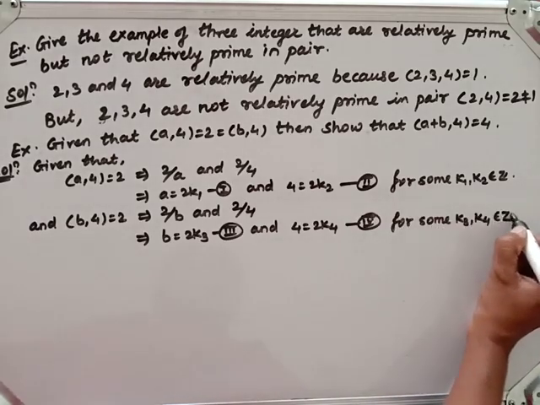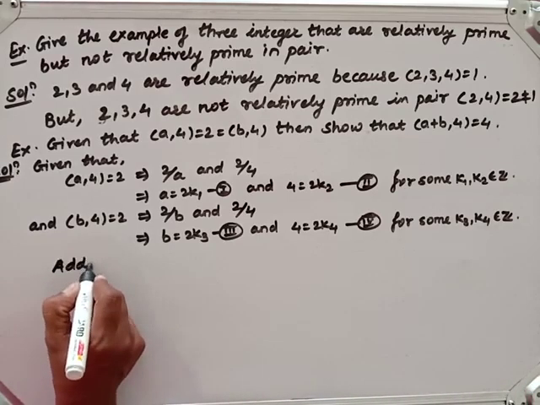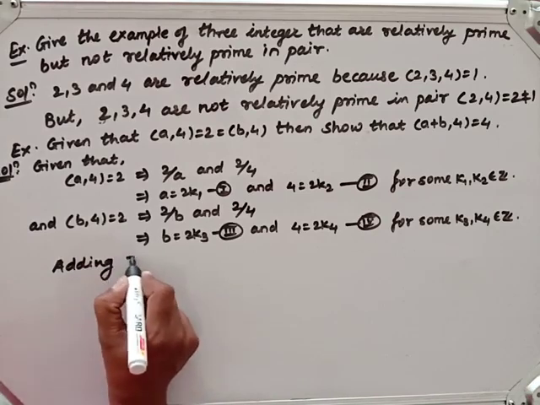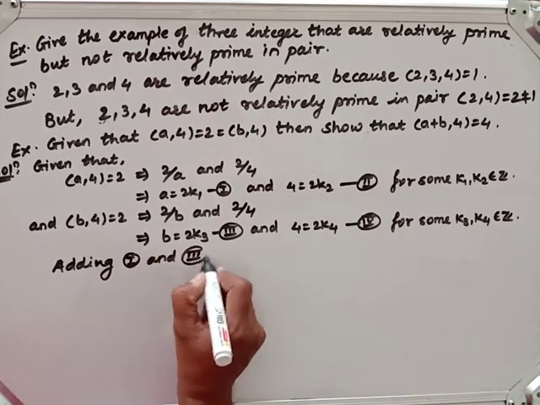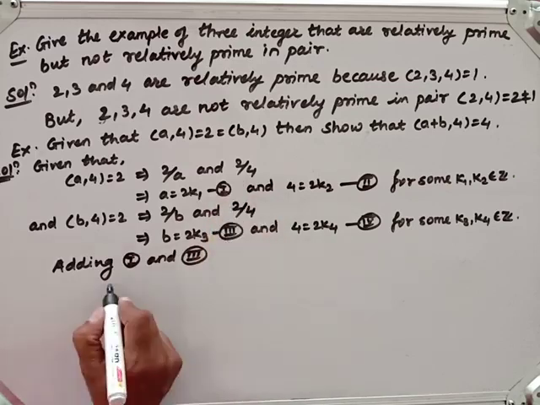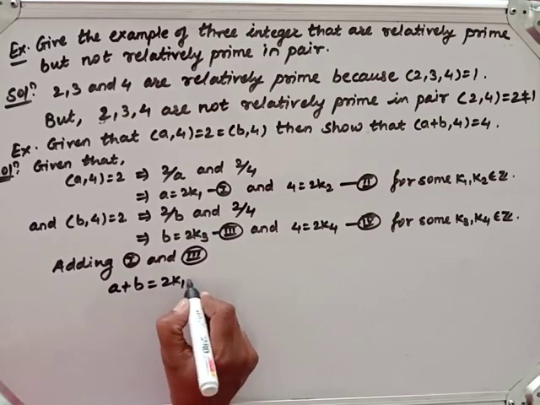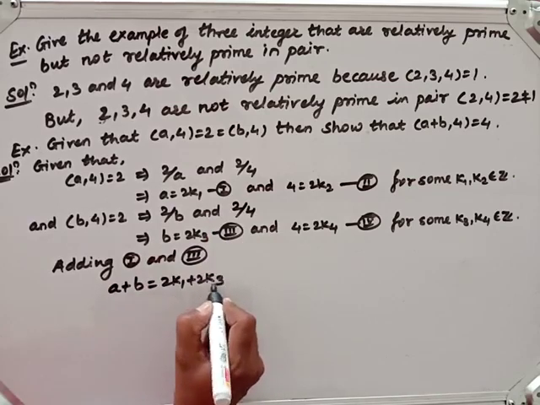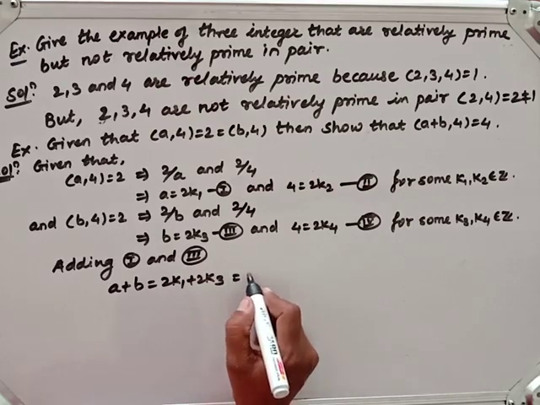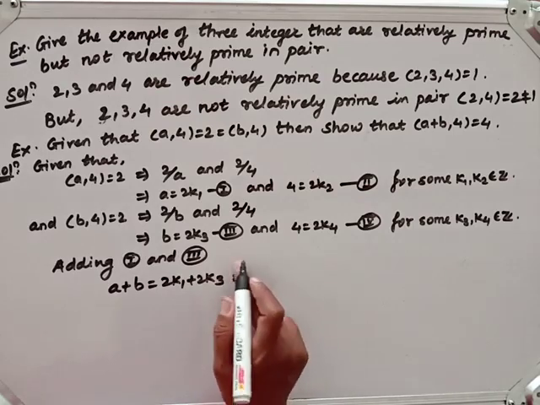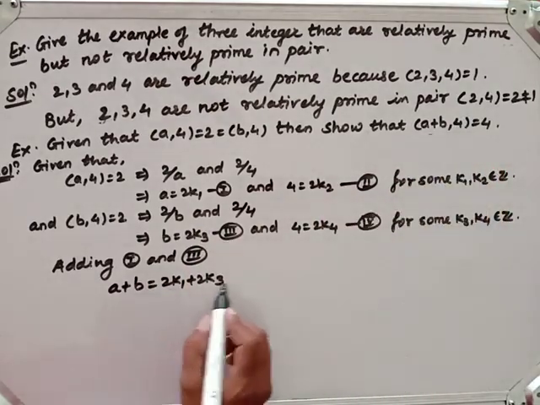Now adding equations 1 and 3, we get a plus b is equal to 2k1 plus 2k3. That's what we need, a plus b.